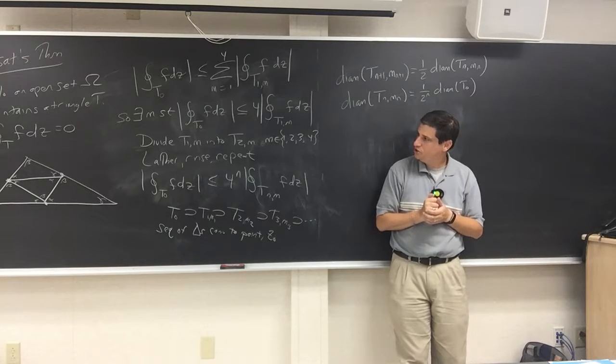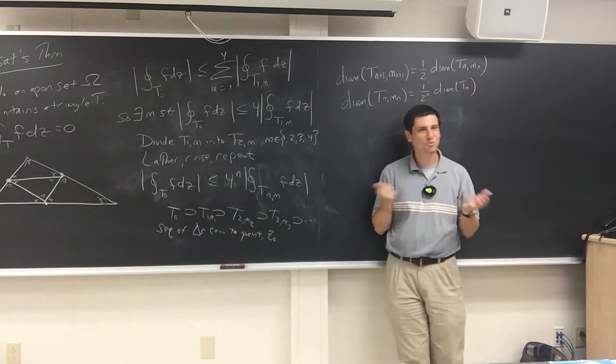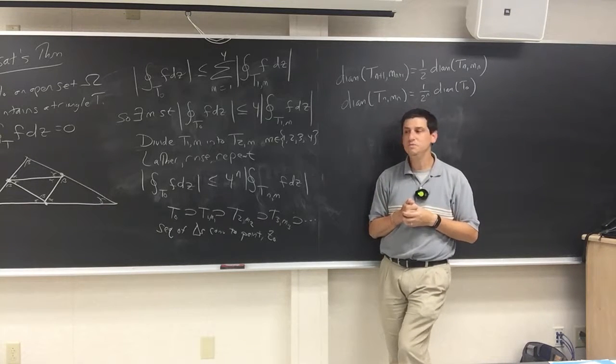What do you think would be good to use at some point in the proof? It would probably be nice at some point to use the fact that f is a holomorphic function, right? What does it mean for a function to be holomorphic? It means it's differentiable.